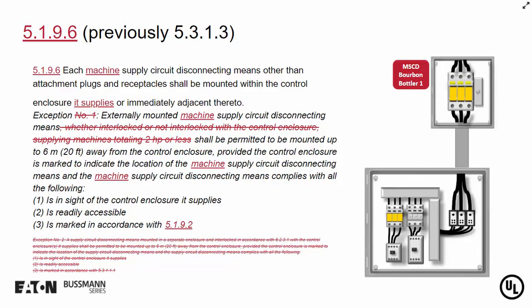Industrial machinery, and if you look in the NEC definition of industrial control panel, what you want to be aware of is that it says it does not include the controlled machinery. So what I'm missing from these pictures here is that I'm showing you the industrial control panel, but I'm not showing you the associated machine.